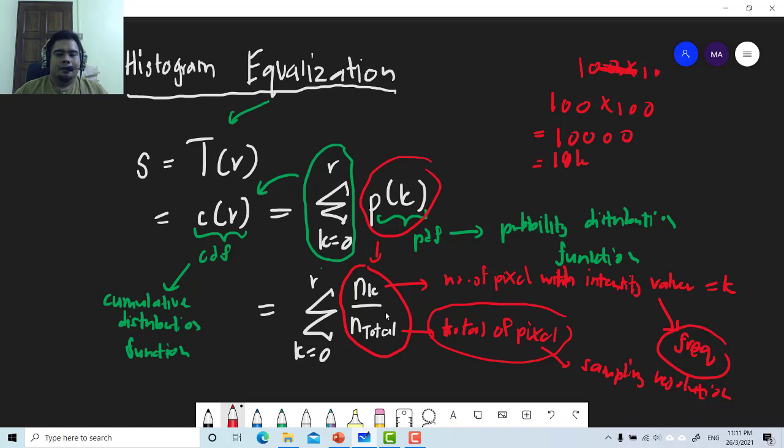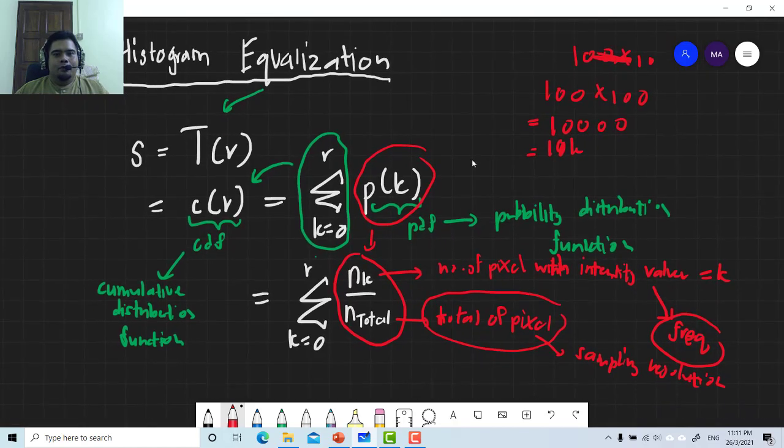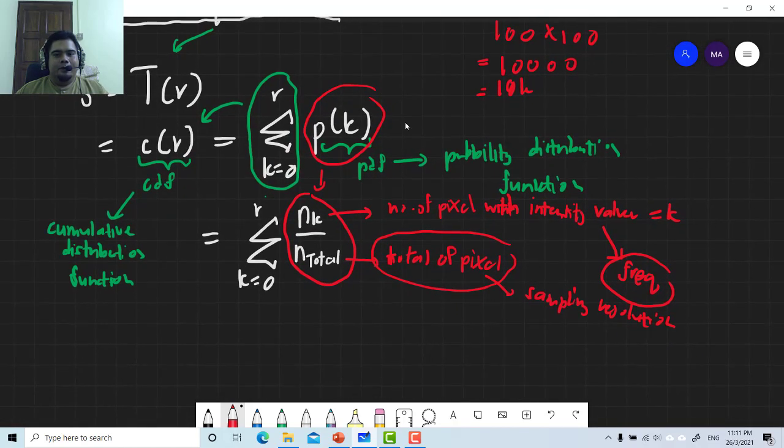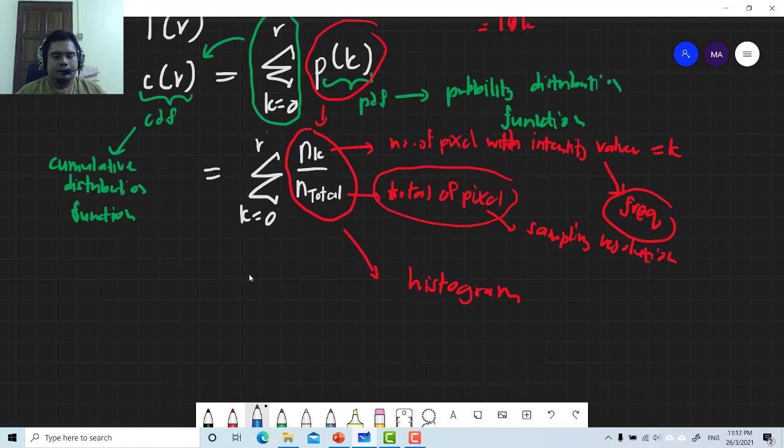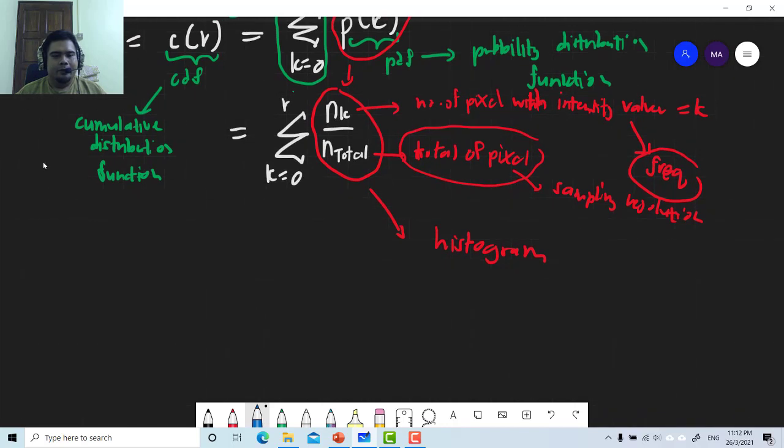So that is why, from here you can see that in order to get this information, of course you need to have the histogram. That's why I drew it on the previous whiteboard there.